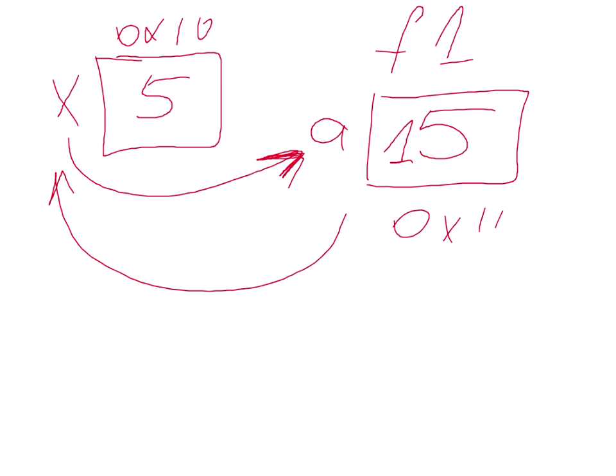Now what happens if we call a function by reference? In that case, how do we call a function with the actual parameter? Let me change the color here. So let's say we have the same function. 0x10 holds 5, and that refers to x. But x is just a reference to a memory location.